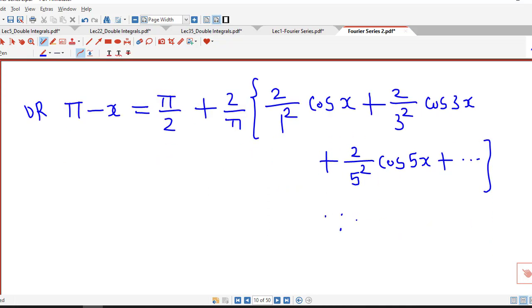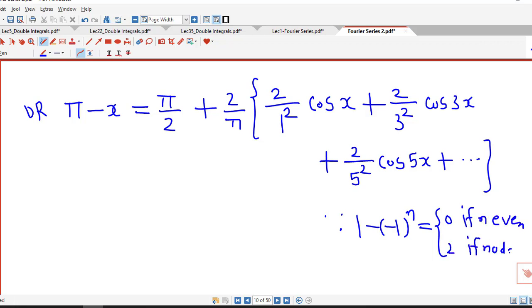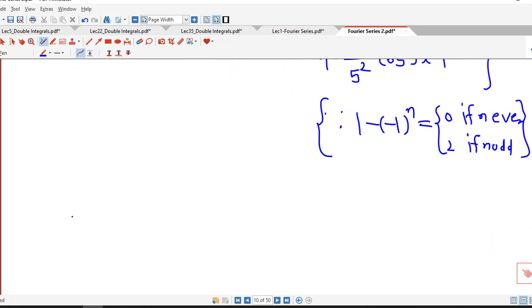because here we can mention that 1 minus minus 1 raised to n is 0 if n is even, and it is 2 if n is odd. Now here in each term we have 2, so we can take it outside.